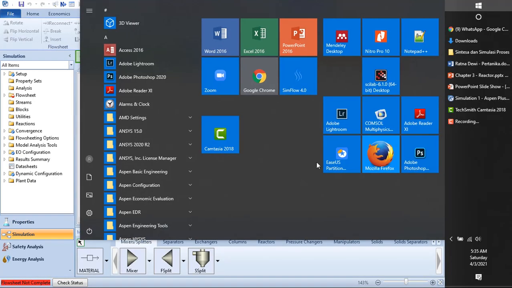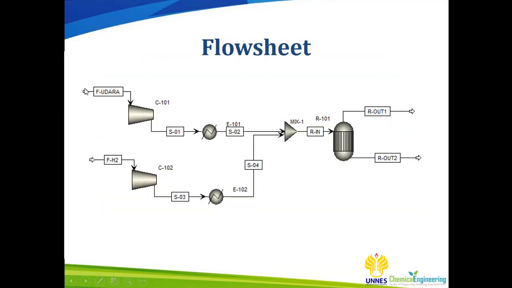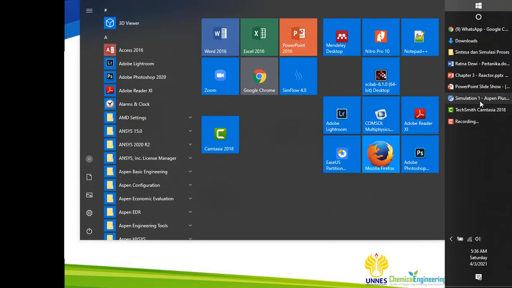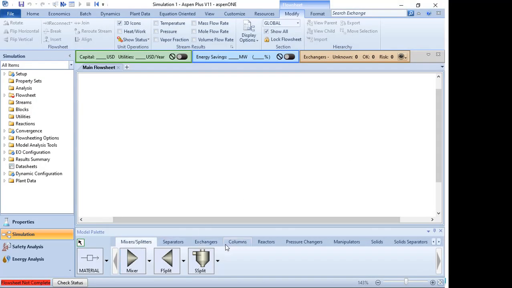Okay, for the arrangement, in the main flow sheet, you can put two compressors in here, and then two heat exchangers, one mixer, and also one equilibrium reactor. Named C101, C102, E101, E102, M101, and R101. You can find the compressor in here, the pressure changer.